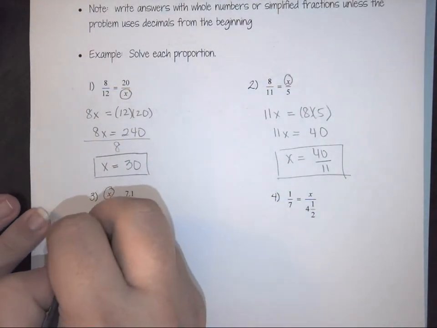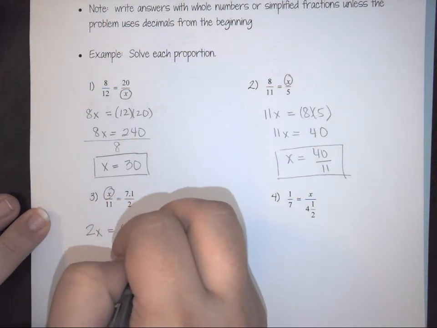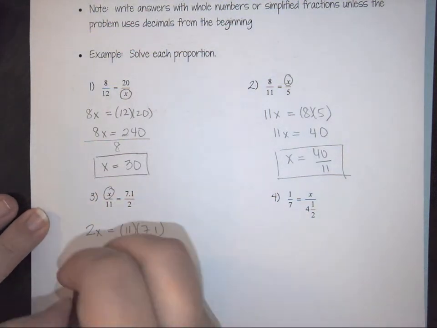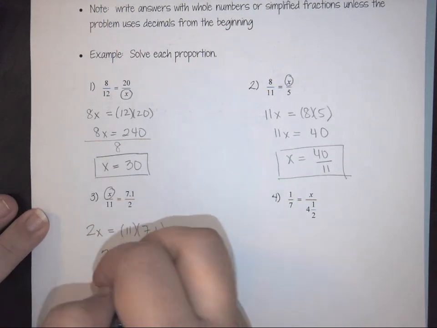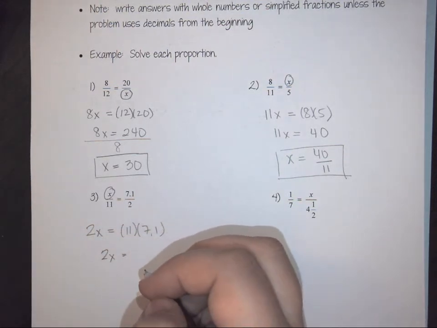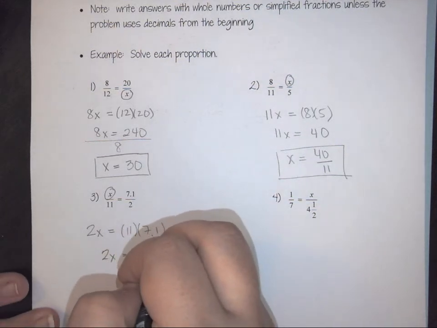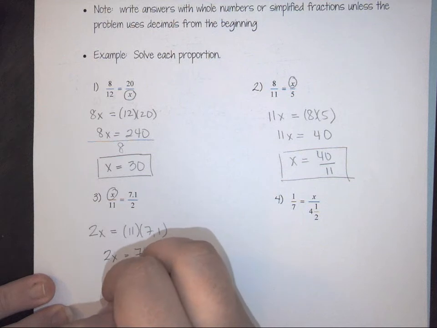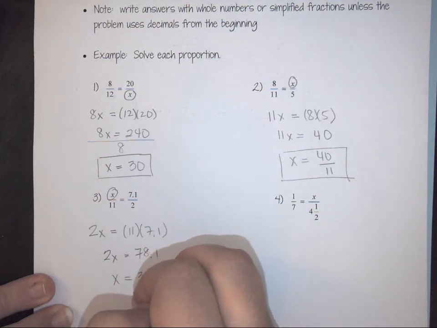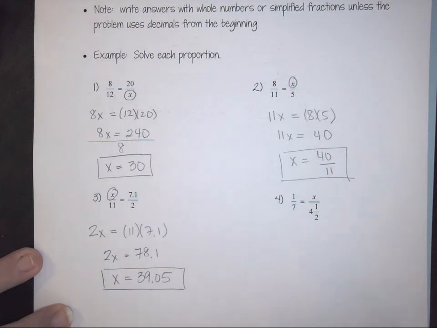So here you're going to have 2x is equal to 11 times 7.1. So this means that my 2x is going to be equal to 78.1. Divide everything by 2, and x is going to be 39.05. And this is the answer I wanted.